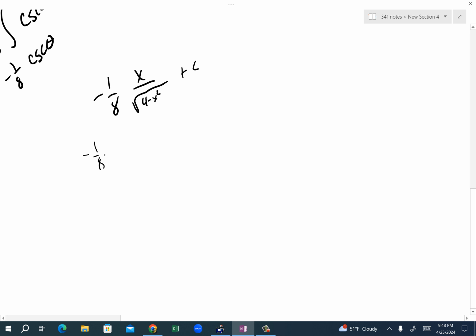Because I'm a nice guy, I'll do it. So that's going to be the derivative of the top, 1 times the bottom, x squared minus 4, isn't it?